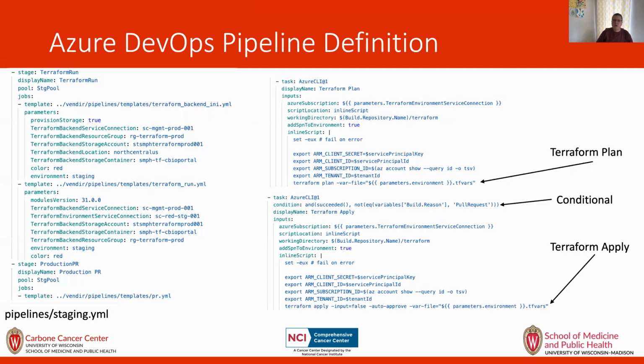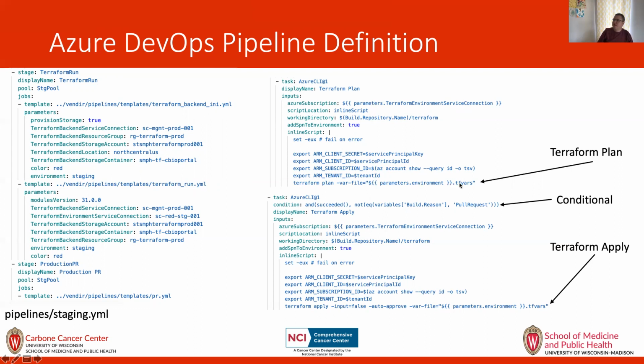So let's look at these pipelines a little bit closer. Again, if we first look at the staging pipeline, we can see that we're initializing a backend, and then we're doing our Terraform run. And if we drill down into the Terraform run YAML file, you can see we have two different tasks.